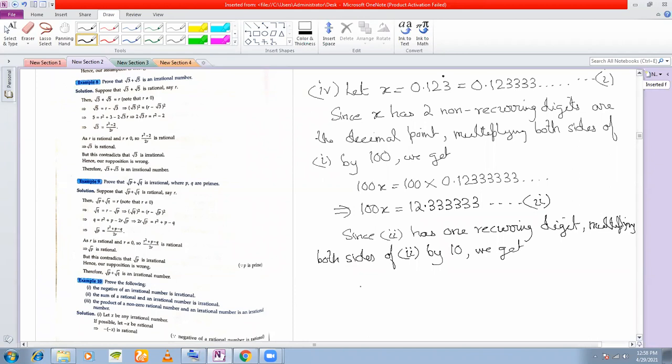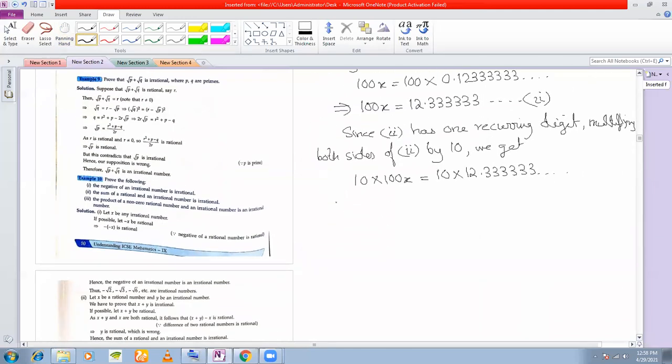We get 10 into 100x is equal to 10 into 12 point, and this continues. So next you get 1000x is equal to 123.333333 and so on, right? Call this equation number 3.